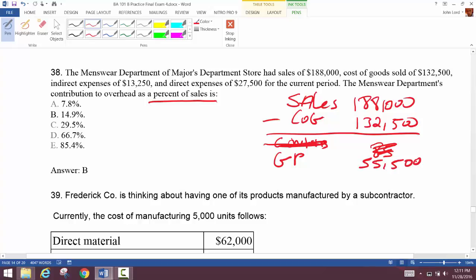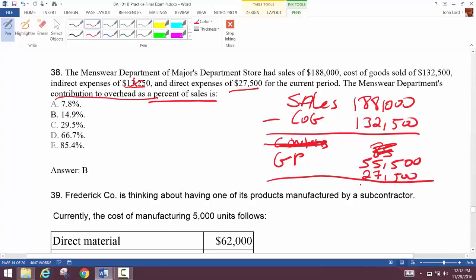And what else? No, not yet. We want the total contribution to overhead as a percentage of sales. Should I pick up these indirect expenses? No. Should I pick up these direct expenses? Pick up the direct expenses of 27,500, right? And that gives me now how much?